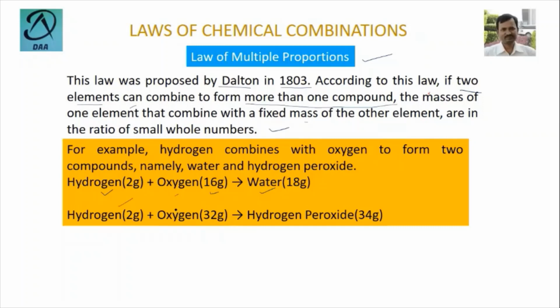So 2 grams of hydrogen, in the case of hydrogen peroxide, react with 32 grams of oxygen to produce 34 grams of hydrogen peroxide. So here you can see that in both cases, 2 grams of hydrogen react with different amounts of oxygen to produce the product.